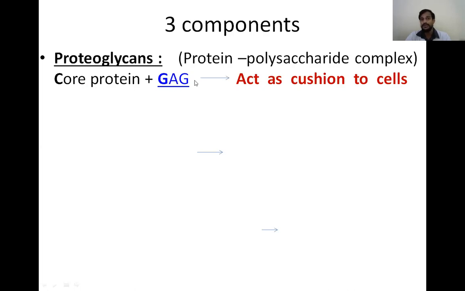So what are glycosaminoglycans? We know that they are nothing but heteropolysaccharides or mucopolysaccharides. So proteoglycans are the important component of extracellular matrix, which are made up of a core protein and glycosaminoglycans. So the main function of proteoglycans is they act as cushion to the cells.